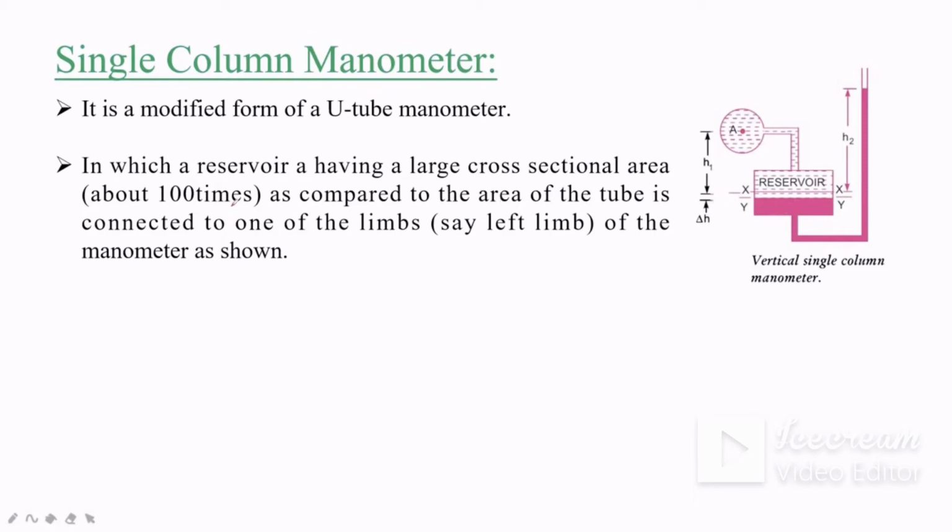It is about 100 times the area of the tube. So it is a big one, the reservoir. This reservoir is 100 times larger compared to the area of the tube connected to one of the limbs of the manometer, as shown.